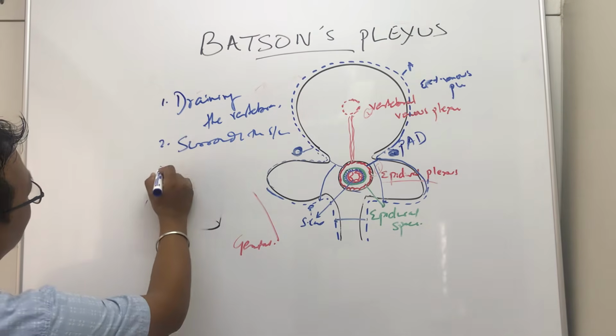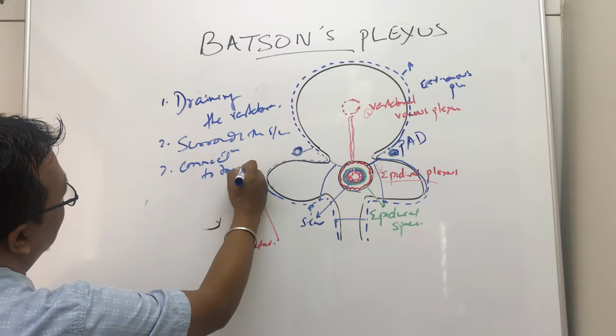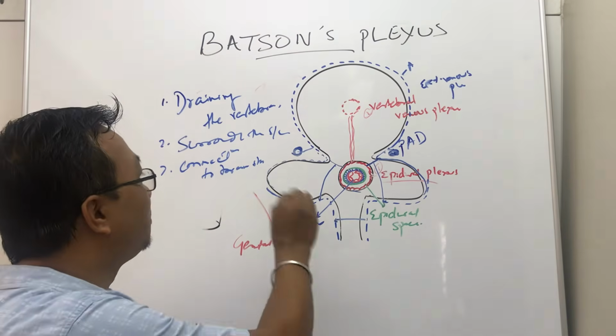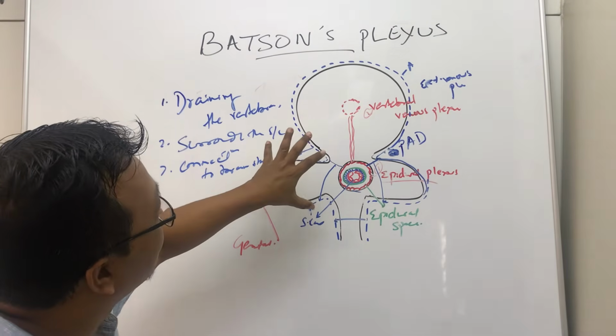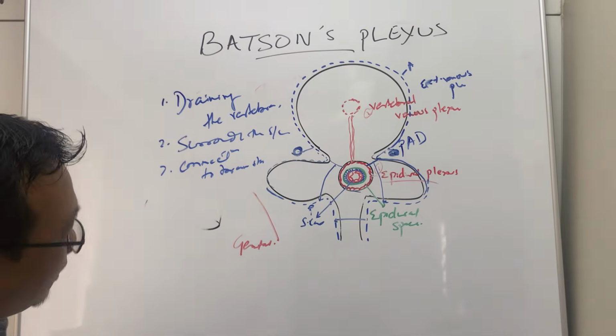Number three, they are connecting to the brainstem. Because of that, once the infection and the metastatic cells reach the plexus, it's easy for them to reach the brainstem. They are connected to the brainstem.